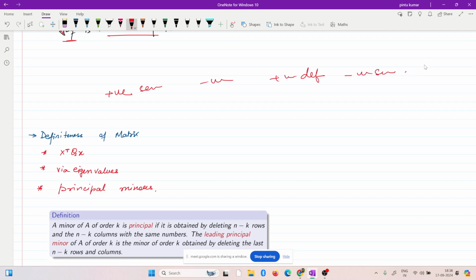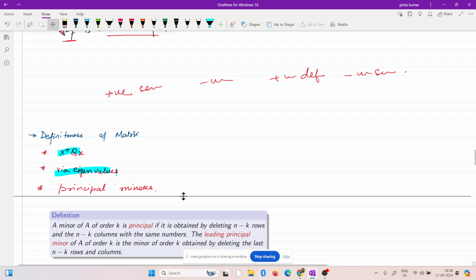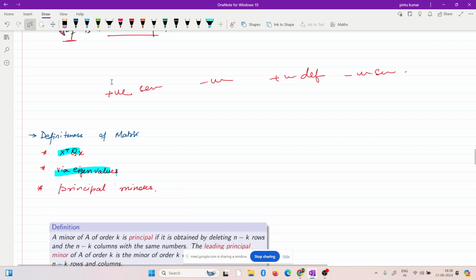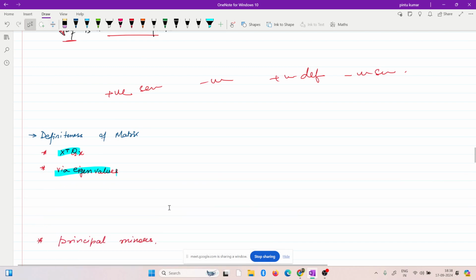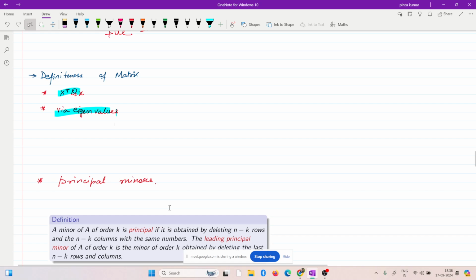I think we did this during the linear algebra course via these two approaches. I'll just repeat those approaches for some of you who might have forgotten. But the last approach, this principal minor approach, was not done in the linear algebra portion. We will do this today. I'll try to be very elaborate about this because this is the easiest among these three to check whether a matrix is positive semi-definite or not.